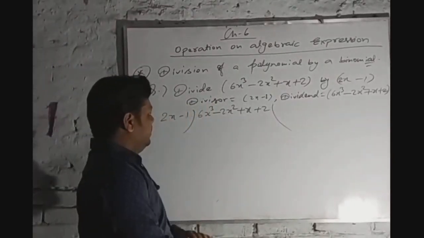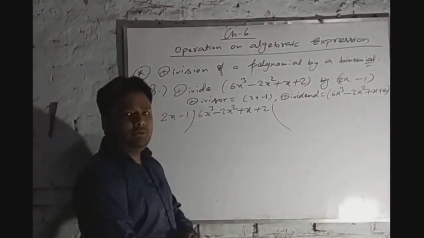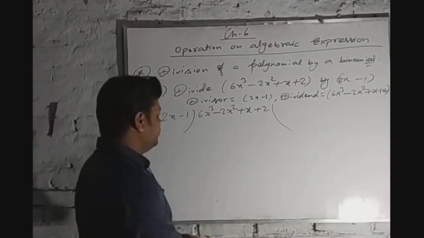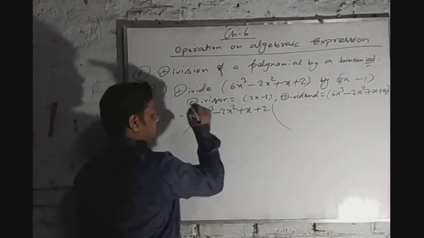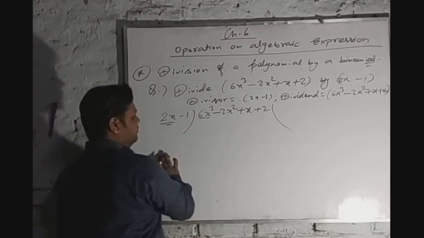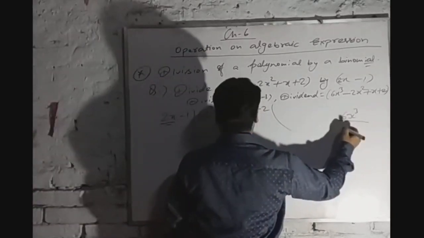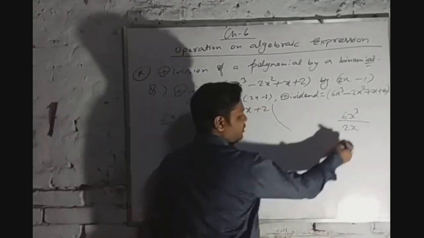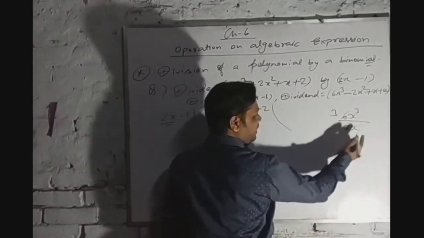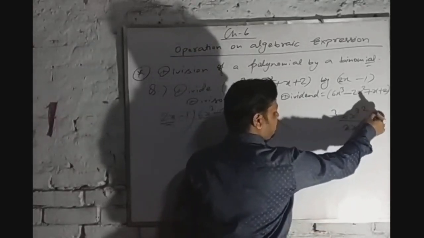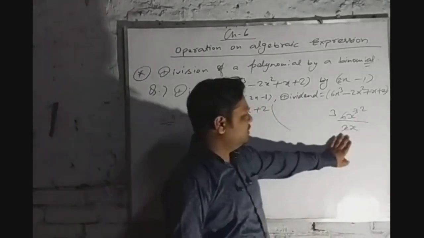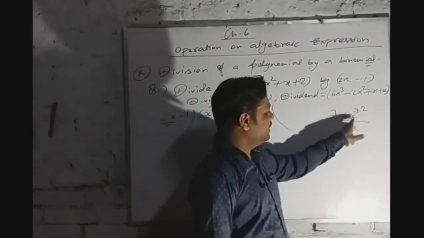In previous videos I explained the steps: you divide the first term of the polynomial by the first term of the binomial. So 6x cube by 2x. 2 goes 3 times, and x with power 2 is left, so the value will be 3x square.